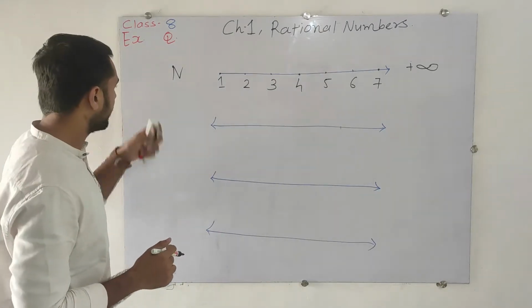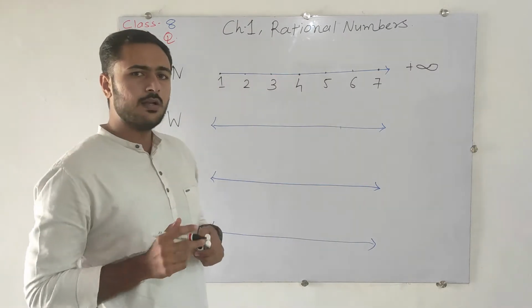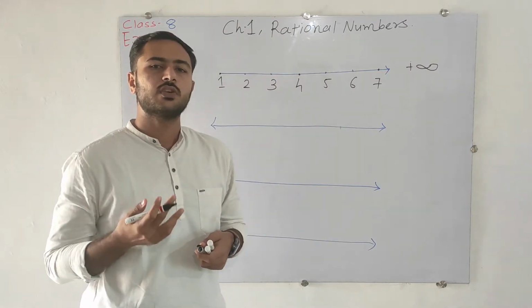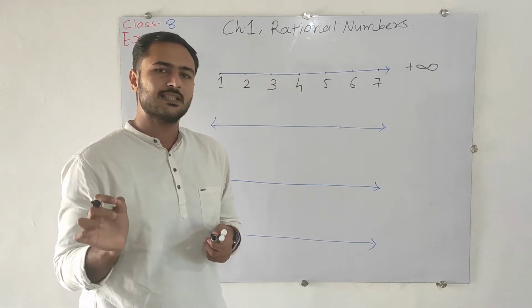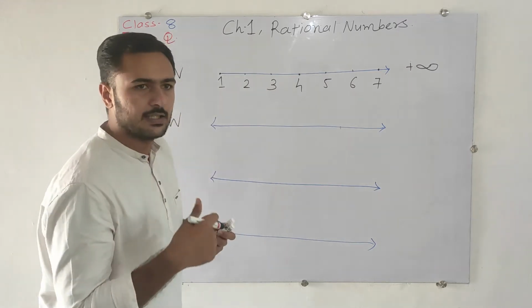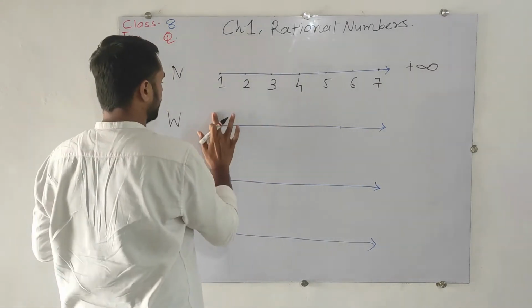Now, after natural numbers, let's see the whole numbers. In the whole numbers, we start with 0. 0, 1, 2, 3, 4 like that. So there is the initial one, that is 0, and then till infinite. Again, on the left hand side there is no number after 0.